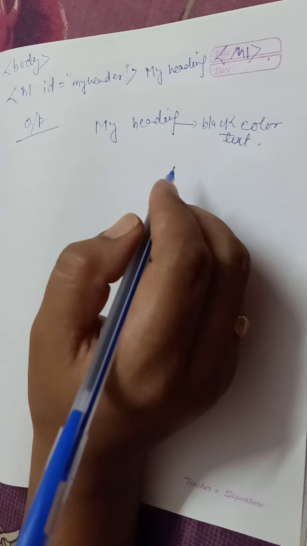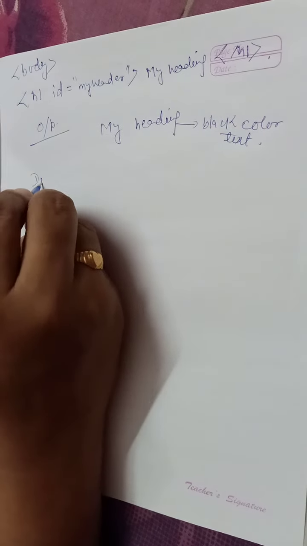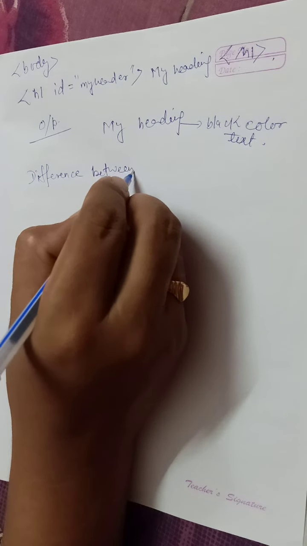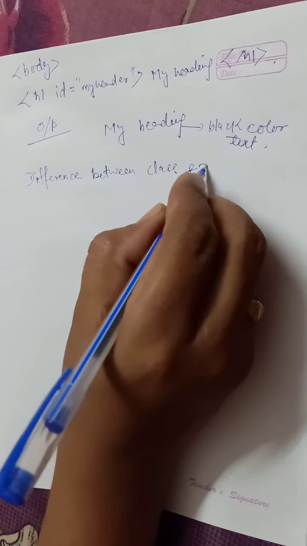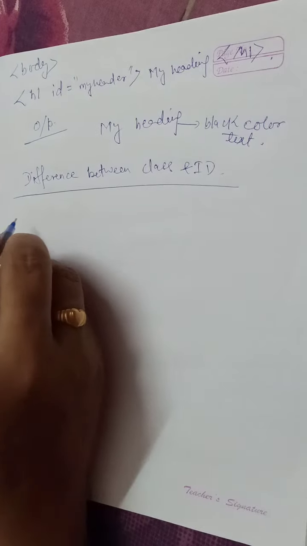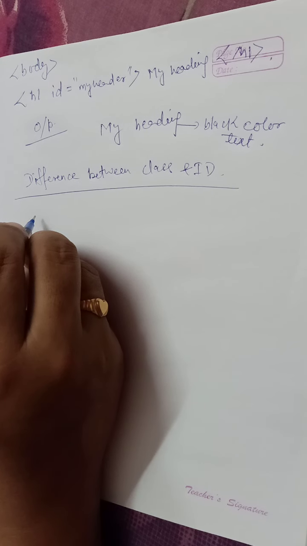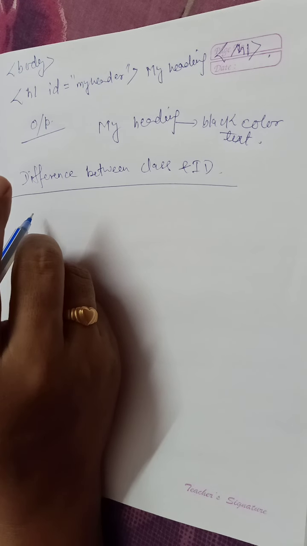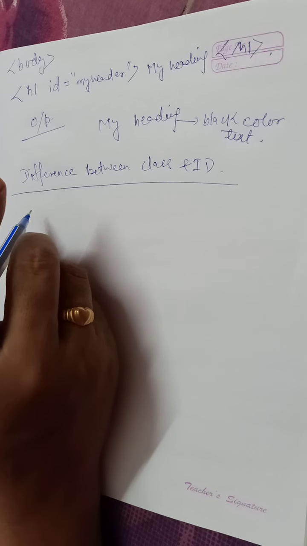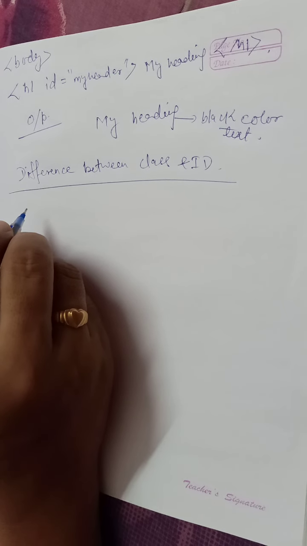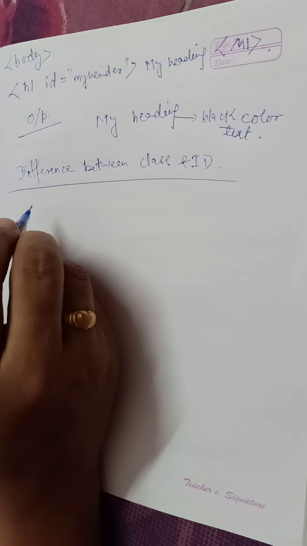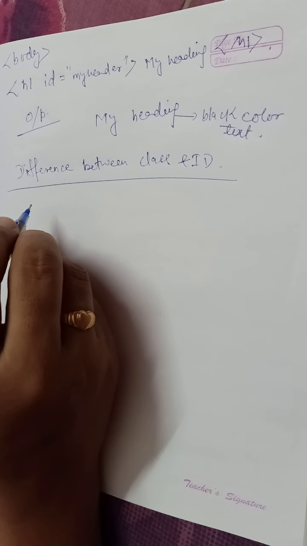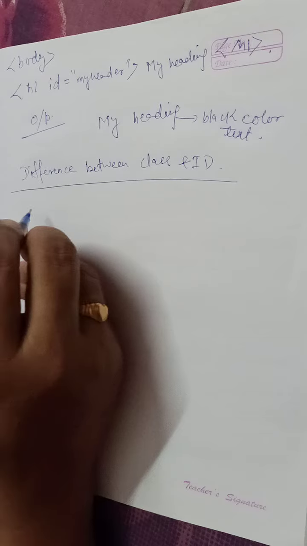Now, the difference between class and ID: an HTML element can only have one unique ID that belongs to that single element, while a class name can be used by multiple elements. That's the difference.